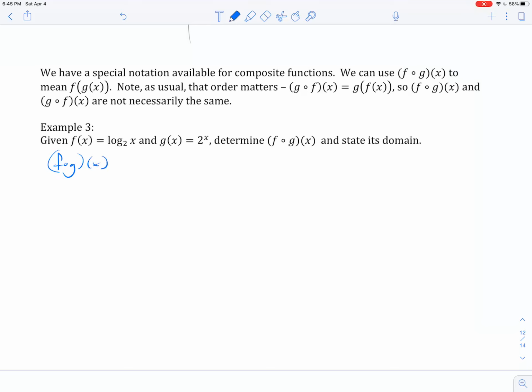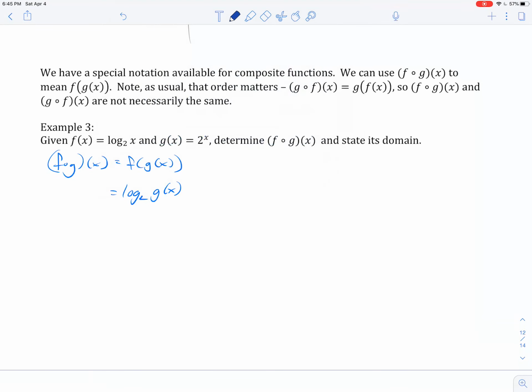So if we're finding f circle g of x, which is again f of g of x, I'm going to say, well, f says take log base 2 of whatever our input is. So we're going to take log base 2 of g of x.